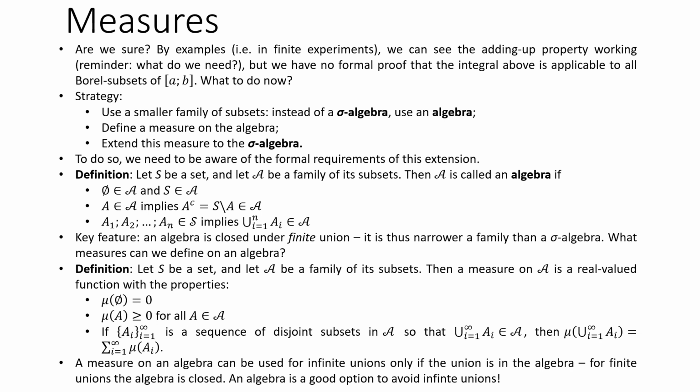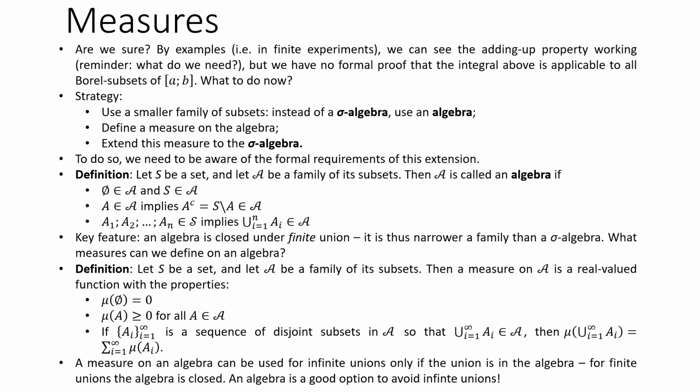If we make the calculations, we always see that we have a probability, so we can calculate a probability for any Borel subset we are working with. But so far we have had no formal proof that the integral is applicable to all the Borel subsets of the closed interval AB. So what to do now?